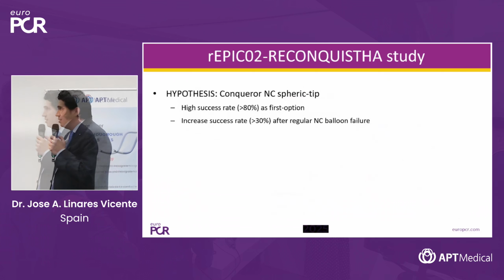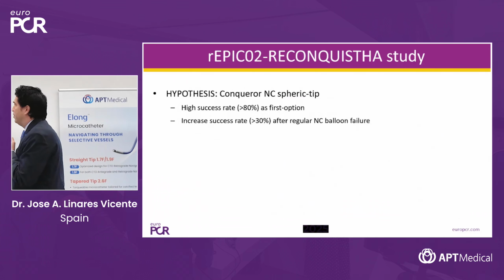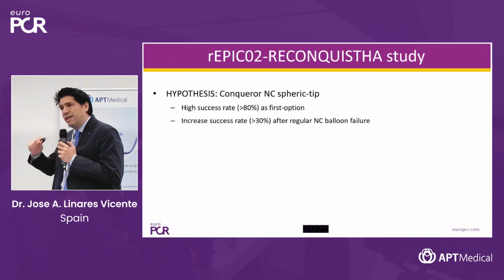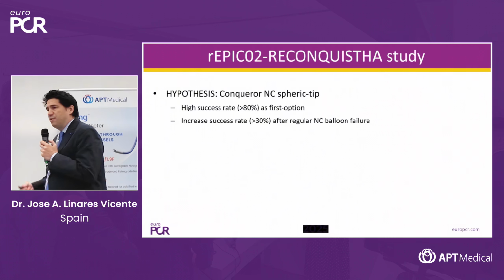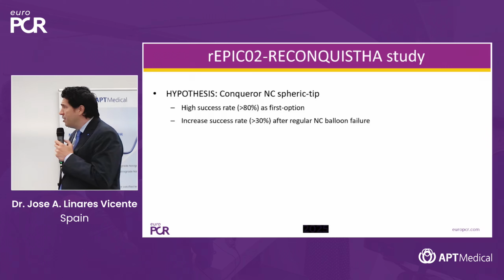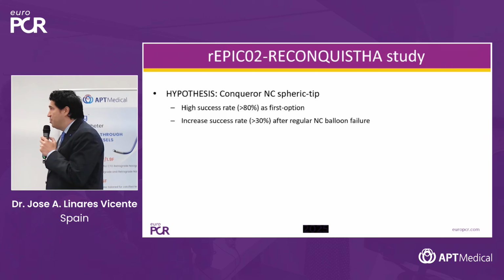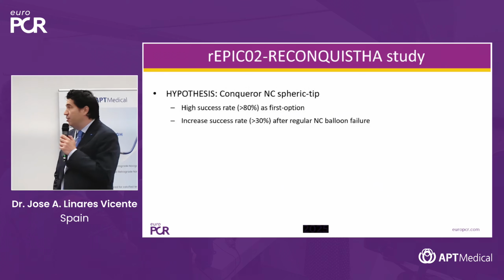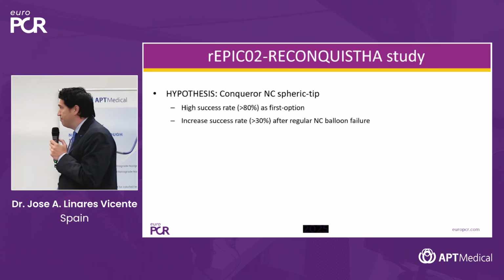The hypothesis was that the CONQUEROR NC spherical tip would have a high success rate, over 80%, used as first option, or even, of utmost importance, a success rate over 30% after a regular non-compliant balloon failure, after a tapered tip non-compliant balloon failure. Okay?